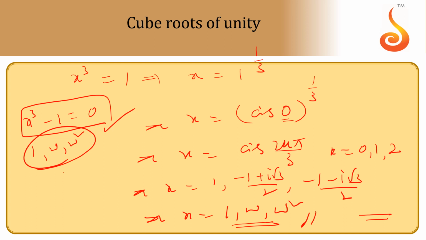And one more important property I want to tell you. 1 is here, omega is here, omega square is here. Please remember, 1 is on the positive x-axis, omega is here, omega square is here.